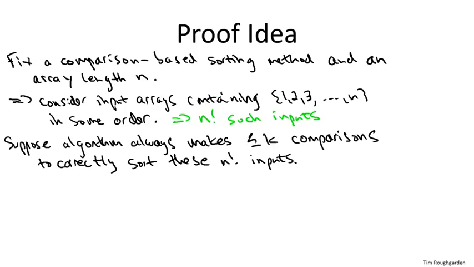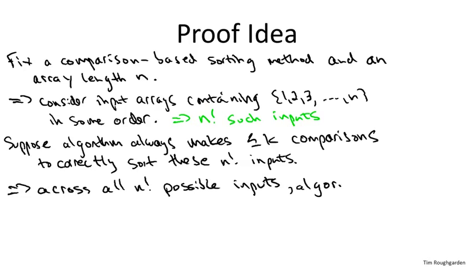The idea behind the proof is that because we have n factorial fundamentally different inputs, the sorting method has to execute in a fundamentally different way on each of those inputs. But since the only thing that causes a branch in the execution of the sorting method is the resolution of a comparison, and we have only k comparisons, it can only have 2 to the k different execution paths. So that forces 2 to the k to be at least n factorial, and a calculation then shows that that forces k to be at least omega n log n.